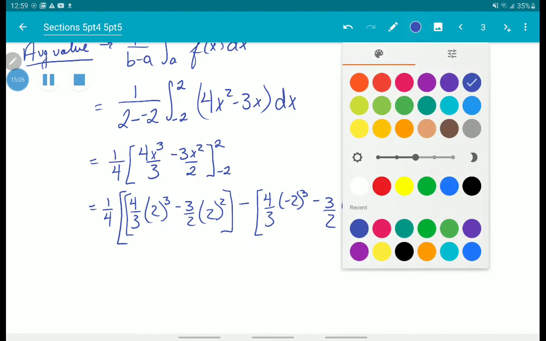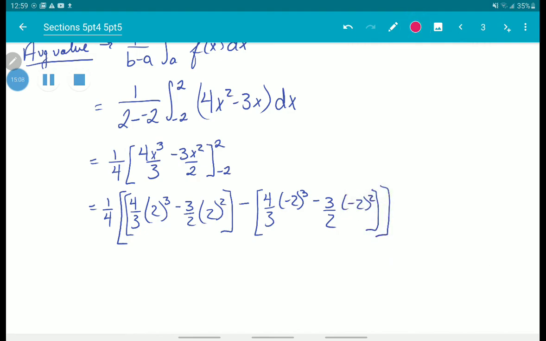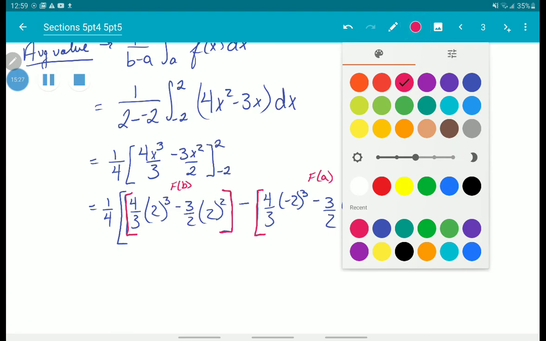So I want you to notice my parentheses here. This is your f of b. This is f of a. All of that is multiplied by the 1/4. So we have to work inside out. You have to be careful with your parentheses here.